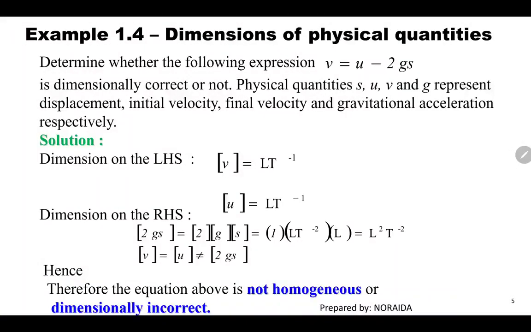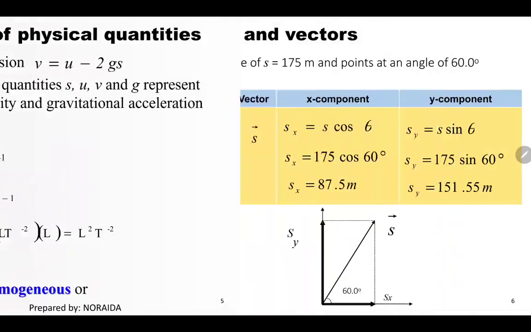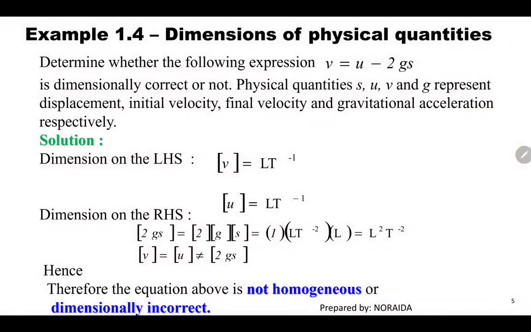For example 1.4, determine whether the following expression V is equal to U minus 2GS is dimensionally correct or not. Physical quantities S, U, V, and G represent displacement, initial velocity, final velocity, and gravitational acceleration, respectively.